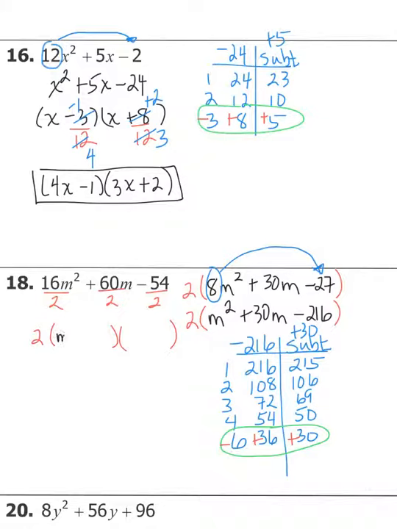The m squared is going to change into m, and then we have minus 6 and plus 36. But remember that m times m does not give me 16m squared. Actually, I want to see, does m times m give me what I have here? m times m is m squared, so it's not 8m squared. And 6 times 36 certainly isn't 27.